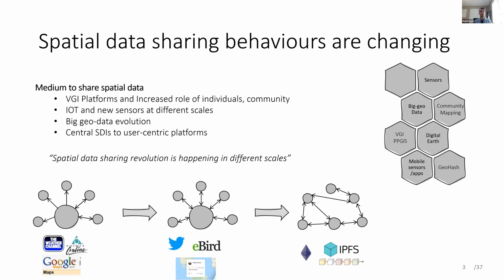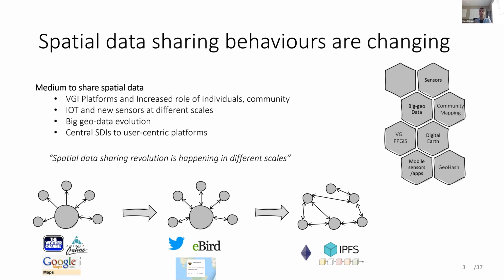We are in a kind of big data evolution, and the entire evolution happened from moving from centralized SDIs, where governments and enterprises were in charge of spatial data collection and sharing, to a more individual and user-centric model. This evolution is happening through the introduction of Web 1, Web 2, and Web 3 these days that we are all familiar with.